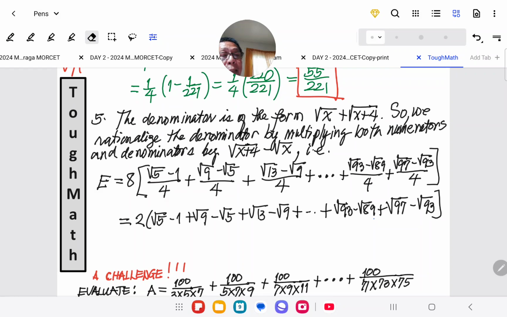And if you notice, only -1 and positive square root of 97 remain. The rest add up to 0 because each one has a negative counterpart. So we have 2 times square root of 97 minus 1. So this is our answer to number 5.